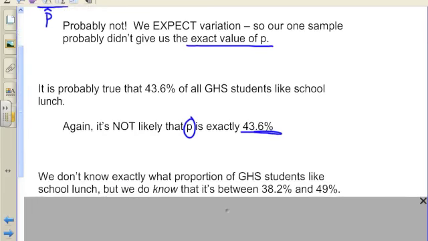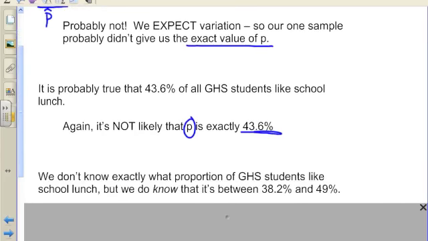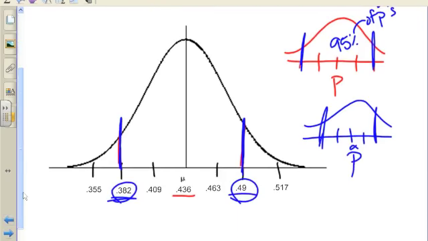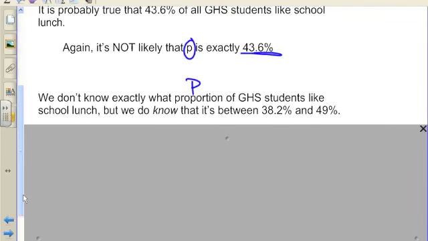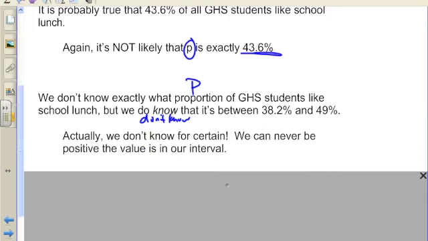How about we don't know exactly what proportion of Granger High School students like school lunch. That's true. I do not know what the true proportion is, but I know it's between 38.2% and 49%. Well, unfortunately, this sounds just a little bit too certain. I don't know that it's between those numbers. I think it is. I'm pretty sure, but it might not be exactly.